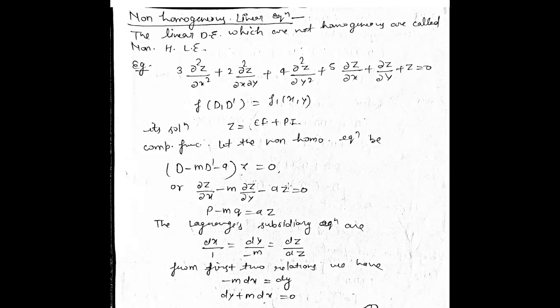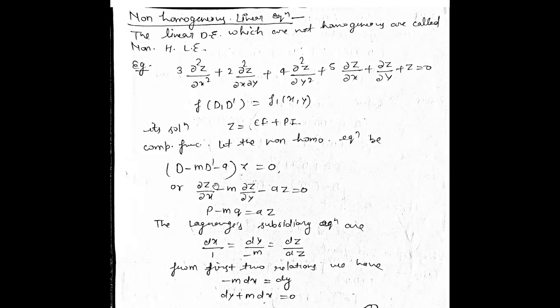That means if you are having a differential equation like (D - mD' - a) z = 0, that means ∂z/∂x - m ∂z/∂y - az = 0, right?